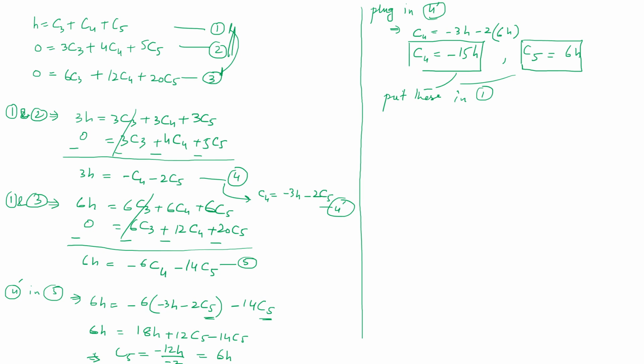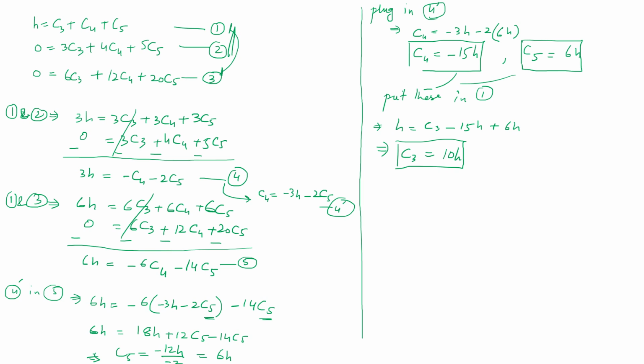So when I do that, this would mean that h is equal to c3 minus 15h plus 6h. So this would mean that c3 turns out to be equal to something like, yeah, I suppose 10h. So this is the third unknown coefficient available for you.